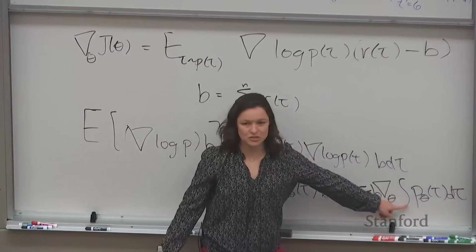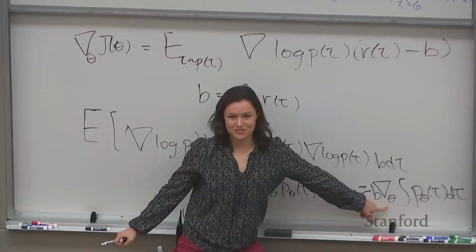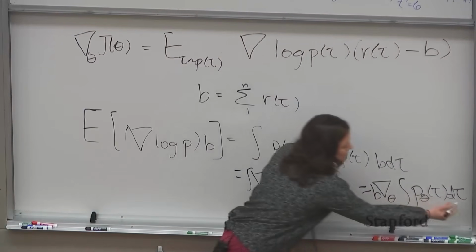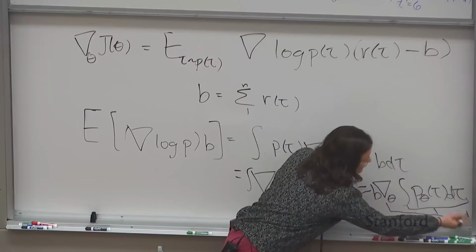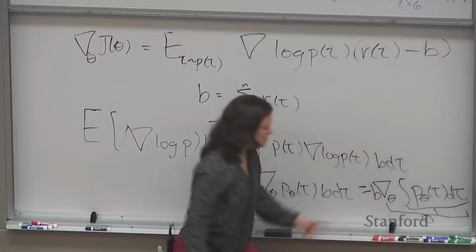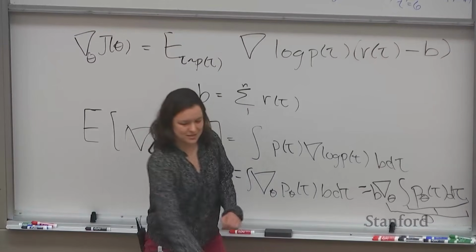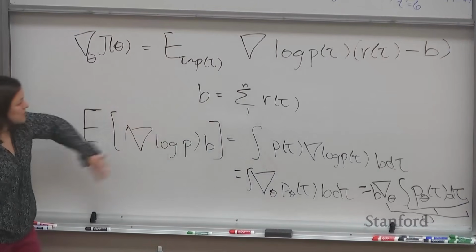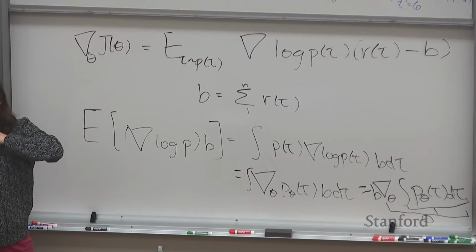Now this integral is just equal to 1, and the gradient of 1 is 0. So this is 1, this is 0, and b times 0 is 0. This means that in expectation, this is going to have 0 effect on the gradient.